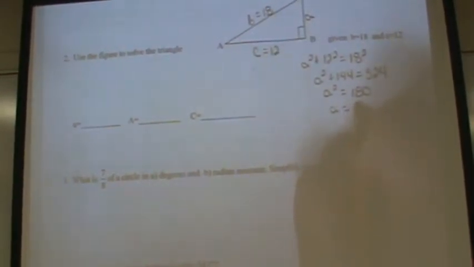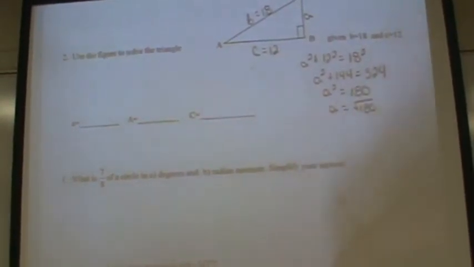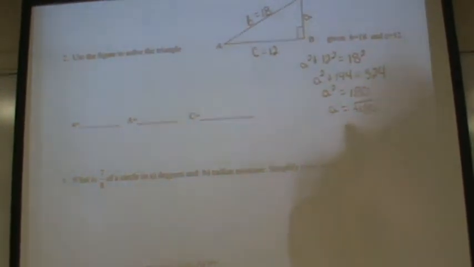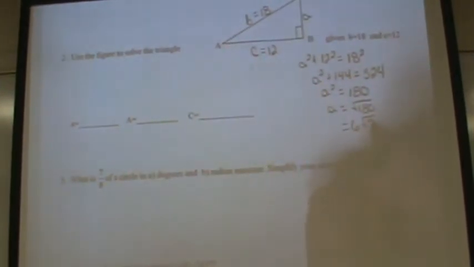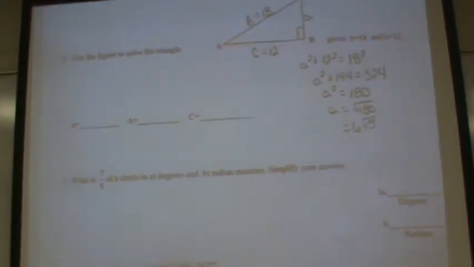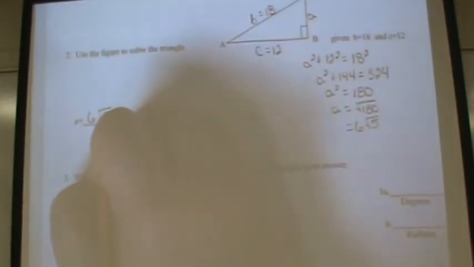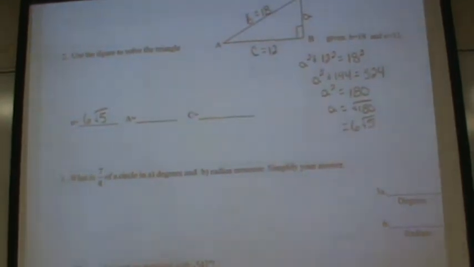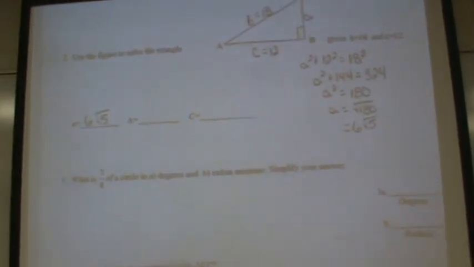So A equals the square root of 180. And then you can simplify this as 6 square root of 5. Or you can put it in a decimal form. I'll accept either one. So we get that side A is 6 root 5. And we need to find angle A and angle C.